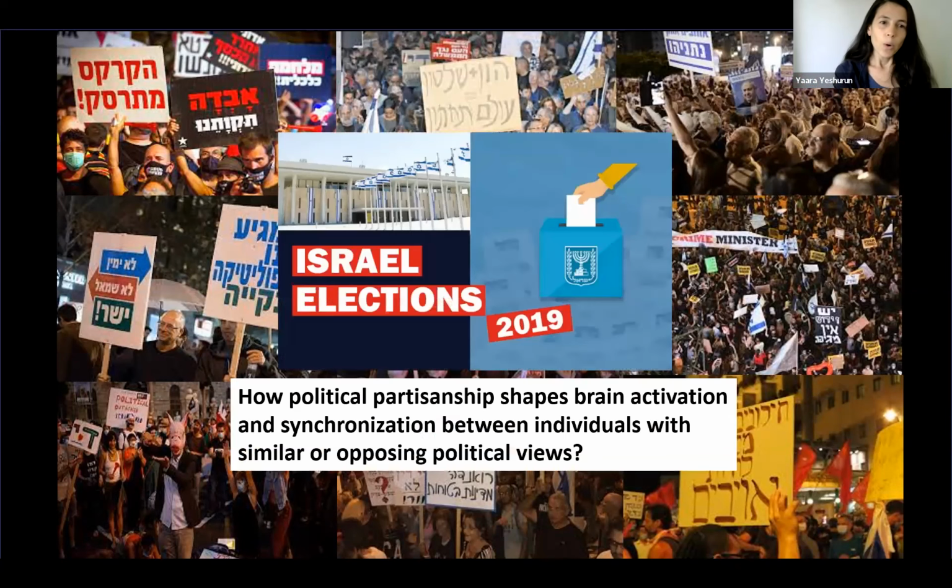And when elections were declared in Israel in 2019, we thought it's a unique opportunity to test how political opinions shape the brain response in real time. And specifically, we set out to ask how political partisanship shapes brain activation and synchronization between individuals with similar or opposing political views.